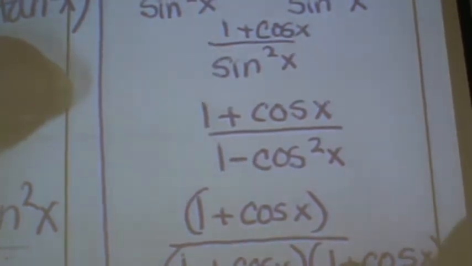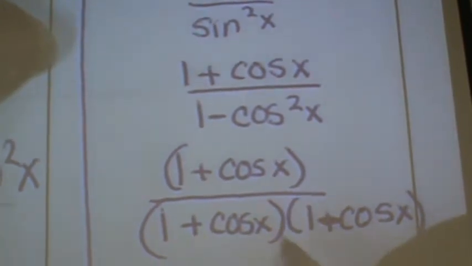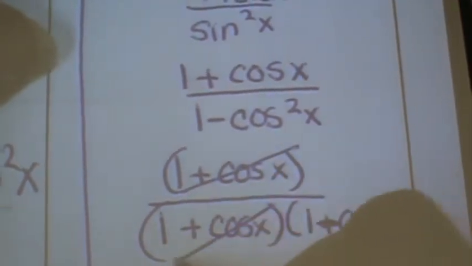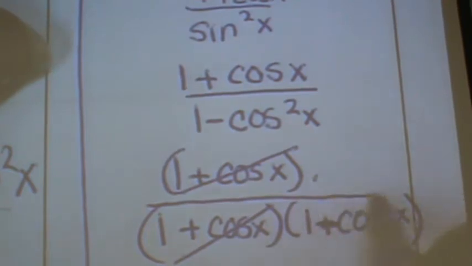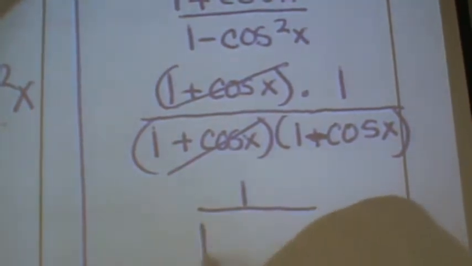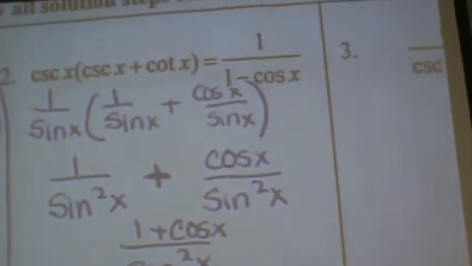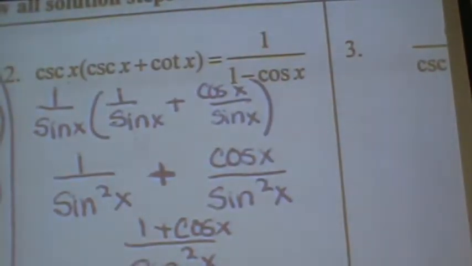I'm using pen. What cancels? The 1 plus cosine. What's left on top? 1. Someone asked me, isn't 0 left? No, 1's a plus. So the answer is 1 over 1 minus cosine x.